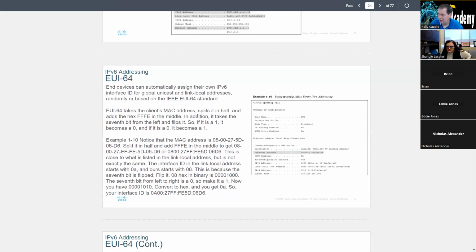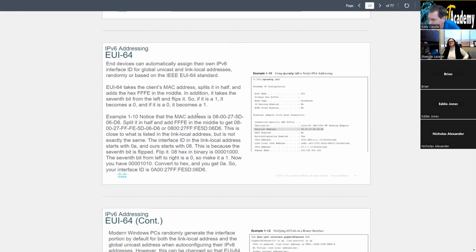This is something that you will see mainly in labs now, not anymore in the real world. And that is EUI-64. It used to be when you wanted to find the host portion of an IPv6 address from auto configuration, you took your MAC address, you split it, you put FFFE in the middle, and you flip the 7th bit from the left.